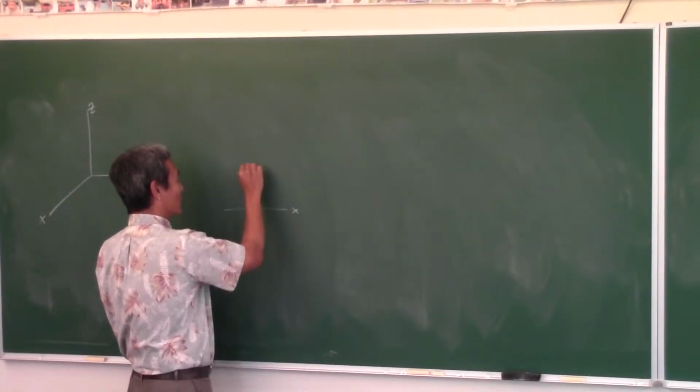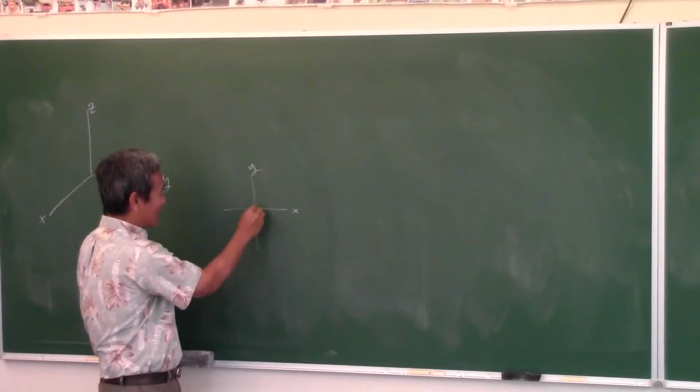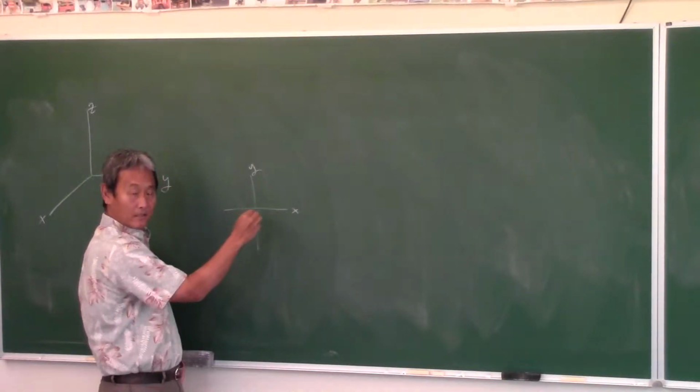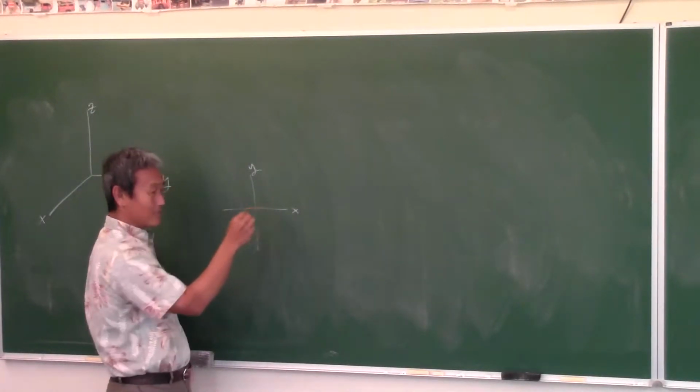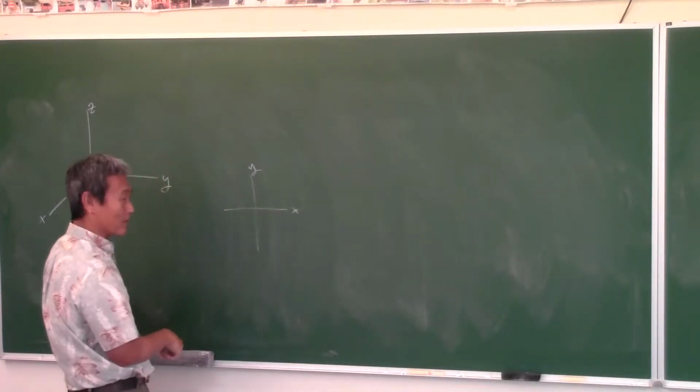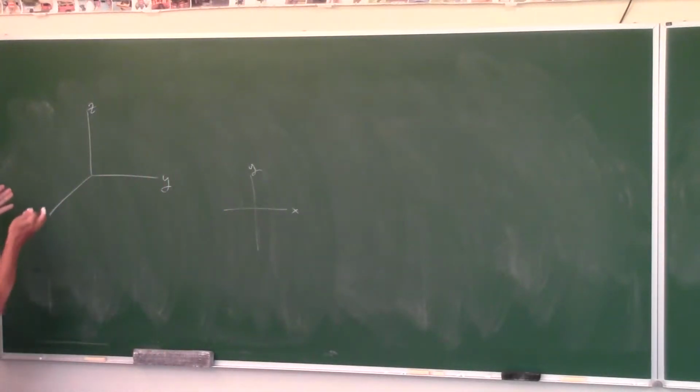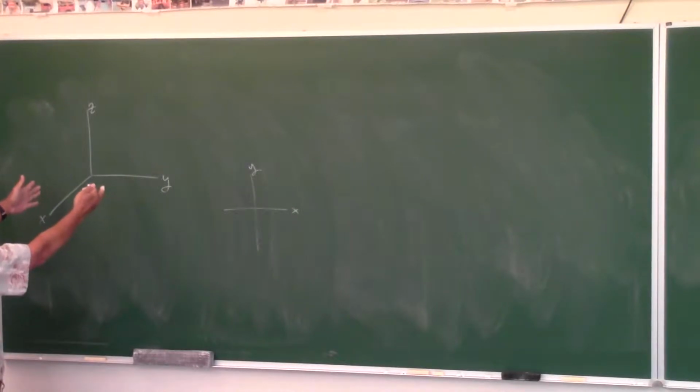You have the x, y, and then the z-axis comes out like this, right? This is the positive z-axis, the negative z-axis goes the other way. This is the way we draw it. It's like you're looking into the first octant, right?